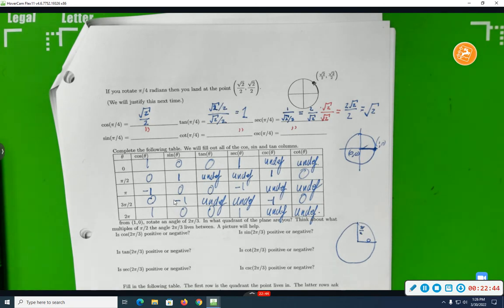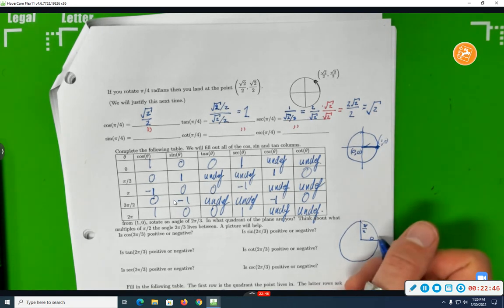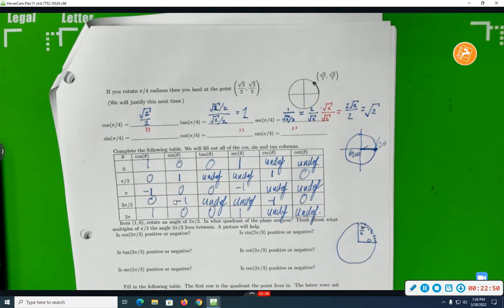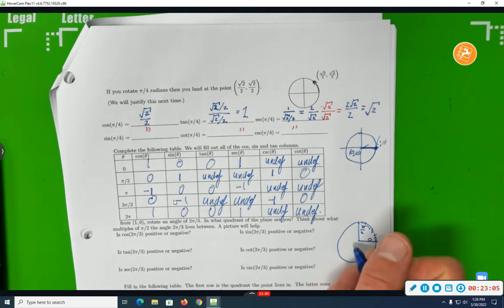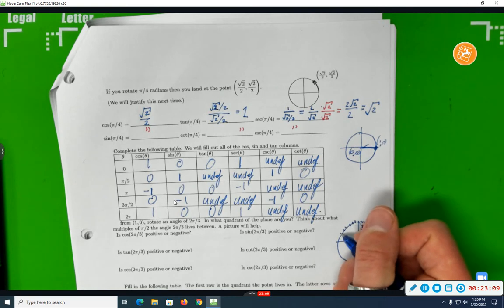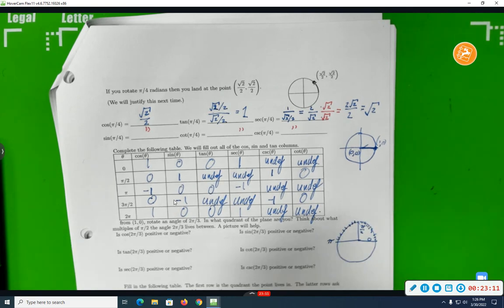By just thinking about how big pi over 2 versus 2 pi over 3 is, is 2 pi over 3 between 0 and pi over 2? No, 2 pi over 3 is bigger than pi over 2. Is 2 pi over 3 somewhere between pi over 2 and pi?